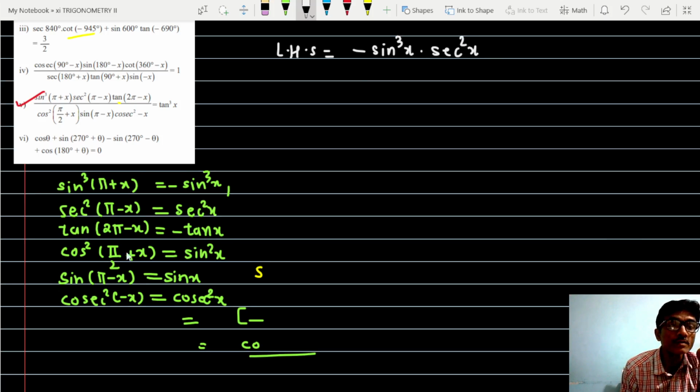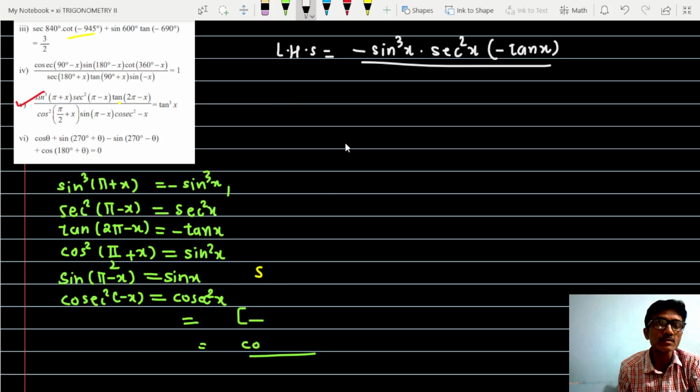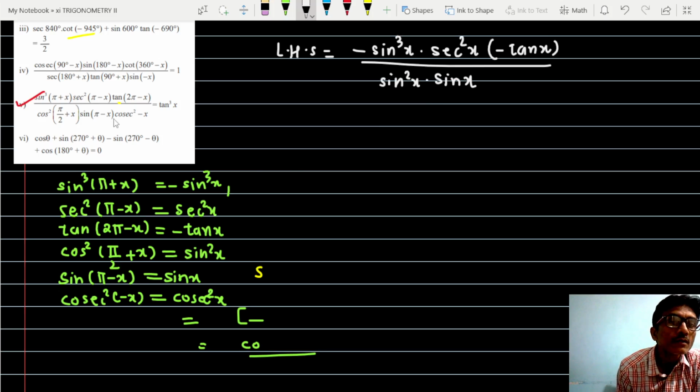Tan of 2 pi minus x is minus tan x. Denominator: cos square of pi by 2 plus x is sin square x. Sin of pi minus x is sin x. And cosec square of minus x is cosec square x only.